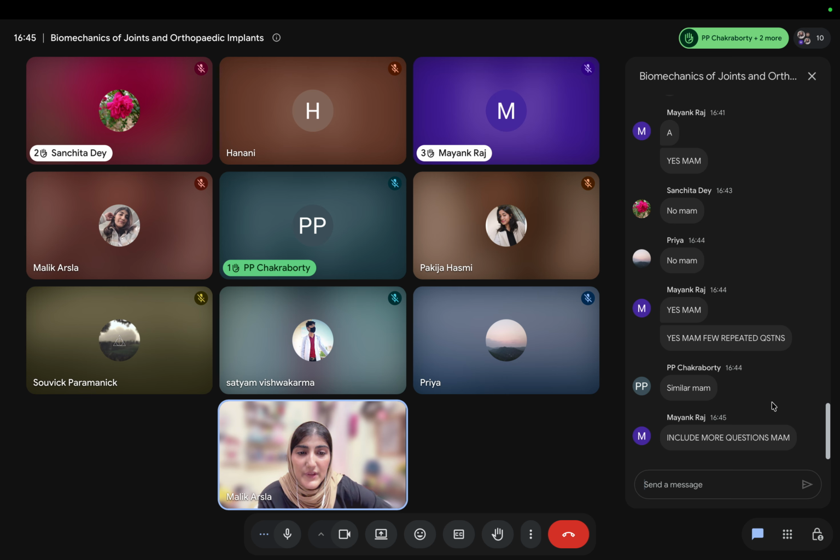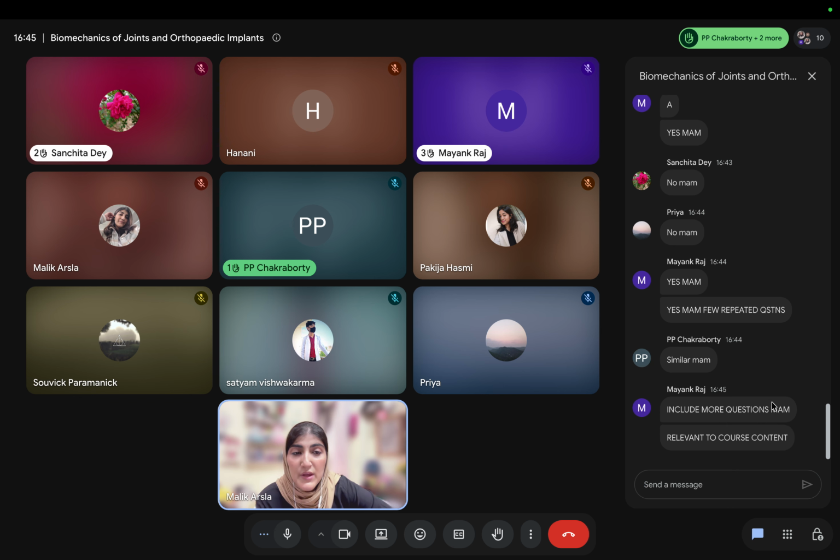But in future there might be some numerical problems as well, which will be more time consuming. So in that case, the number of questions will be reduced, but I will try to include some more questions apart from the old assignments, a couple more, 2 to 3 more questions, which the course instructor has referred to, like any reference books.